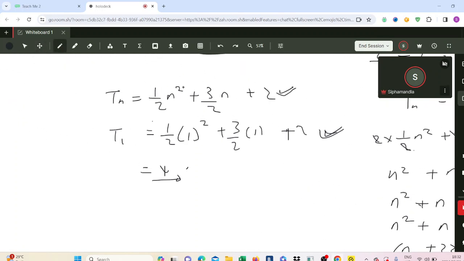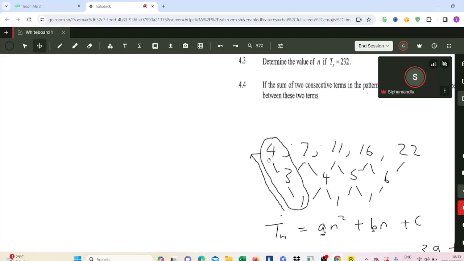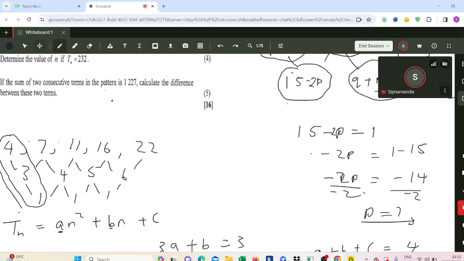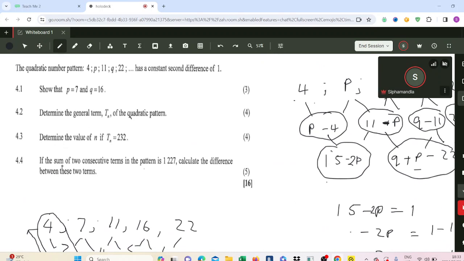Okay, and then now let's answer the last question. They say if the sum of two consecutive terms in the pattern is 1227, calculate the difference between these two terms.